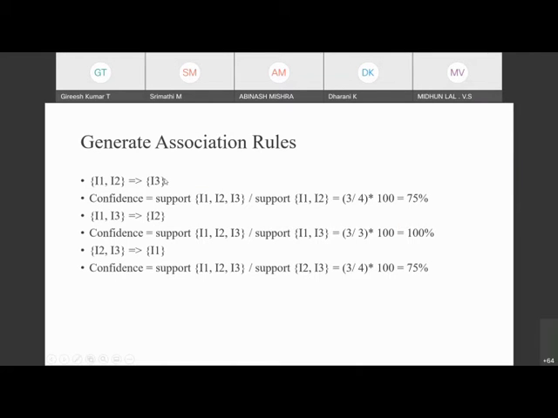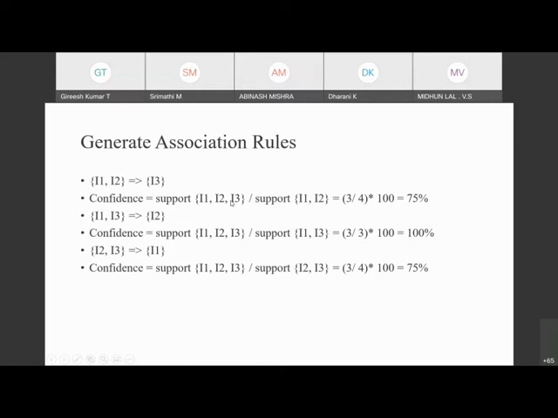Confidence is equal to support. You have to calculate the confidence for this particular case. Confidence equals support of I1, I2, I3, because these are the items, divided by support of the left side I1, I2.